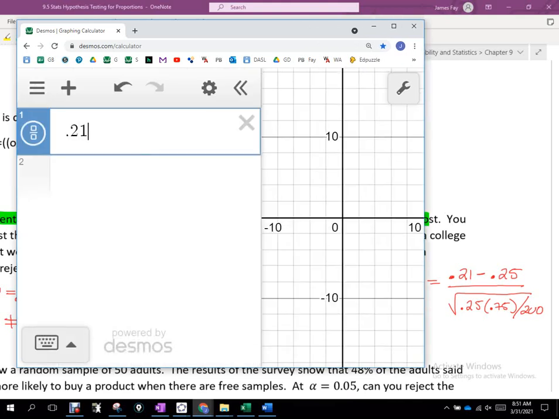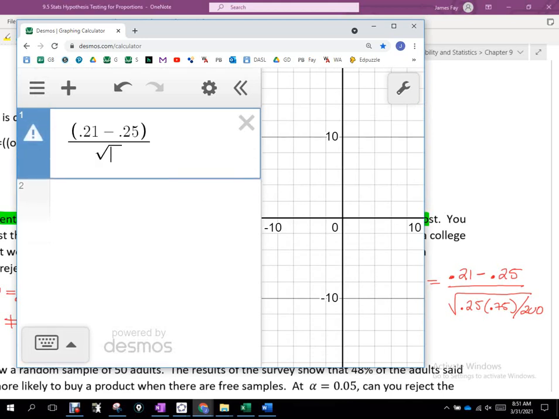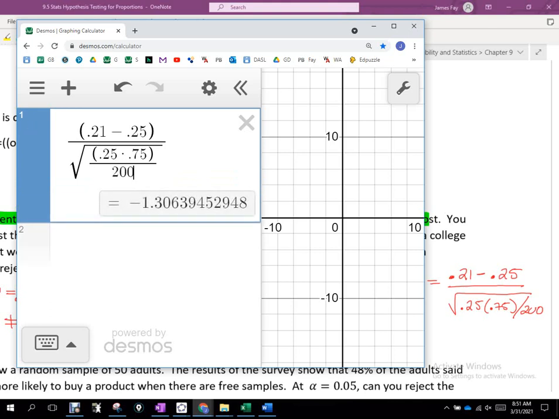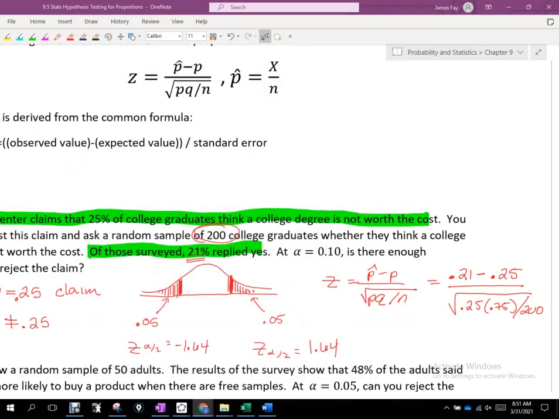So 0.21 minus 0.25. And we get negative 1.3. Negative 1.3. And that is our test statistic.